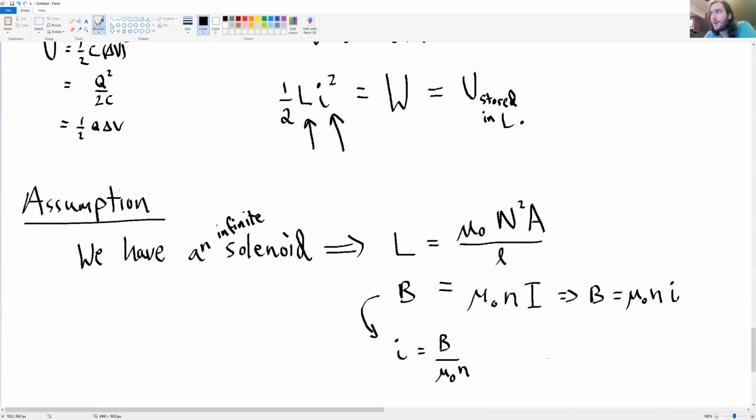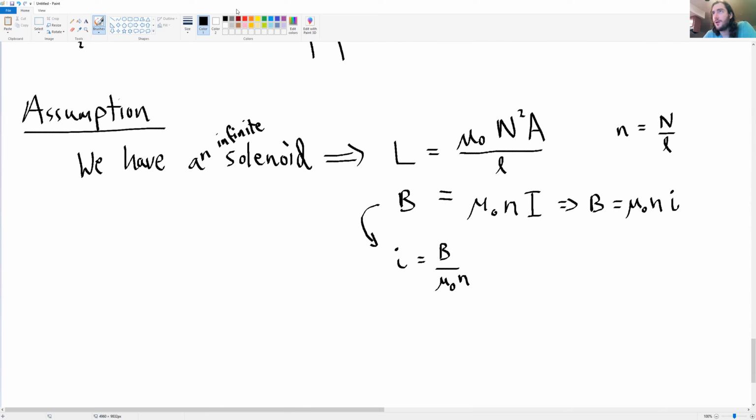And if you remember, lowercase n is big N over little l, the curly L. So we have the current. I'm going to box this one and plug this one directly in.